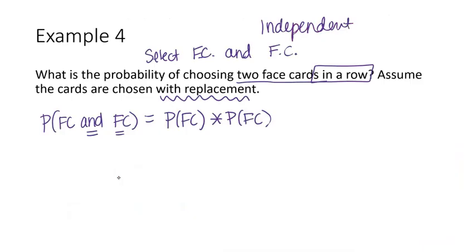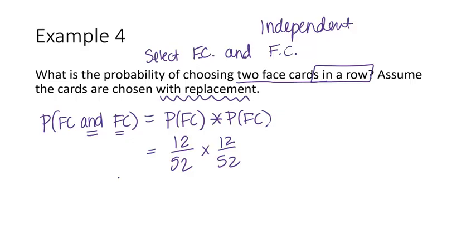Now, because these are independent, that first probability, the 12 out of 52, will not change. Since I'm independent, when I go to do my next probability, I don't even have to think about it. Independent means that probability didn't change, and I am ready to multiply fractions.